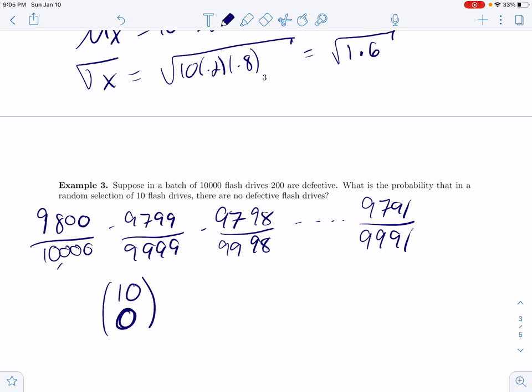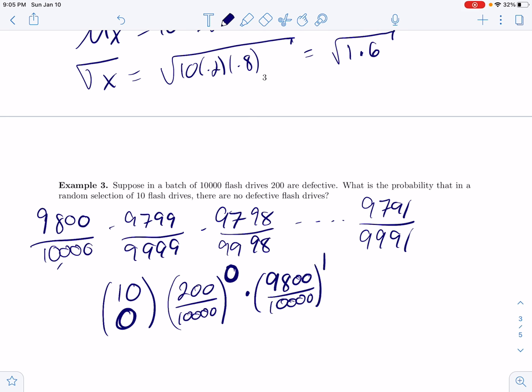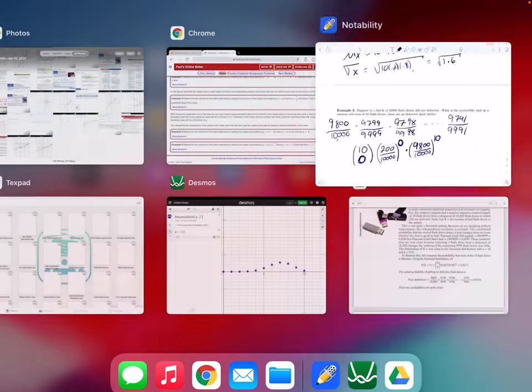The probability of getting something defective is 200 out of 10,000, to the 0 power, times 9,800 over 10,000 to the 10th. So what's the difference between these two numbers?